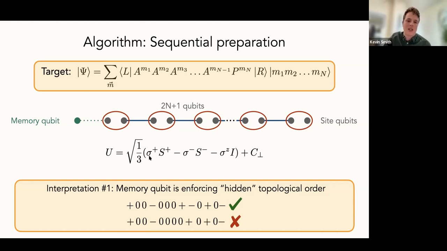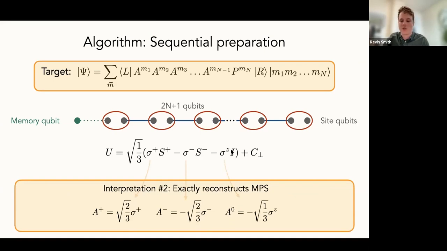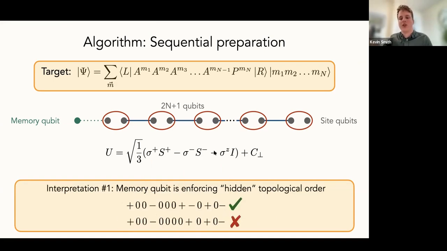And because acting with this Pauli operator twice in a row necessarily gives 0, what that means is we can't actually create another plus until we've flipped the memory qubit and created a minus. And so there's this back and forth between plus and minus, and all the while we can always create zeros with this last term here. And so you can see that what this unitary is doing is it's creating a superposition over all of these configurations which obey this hidden topological order rule, which I laid out.